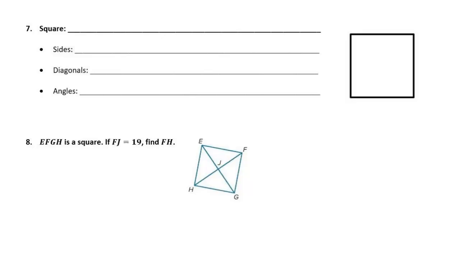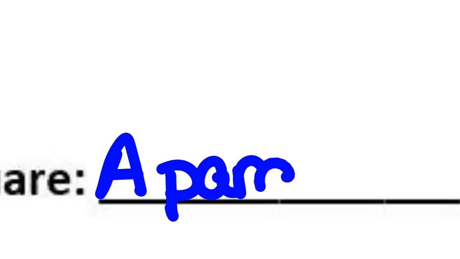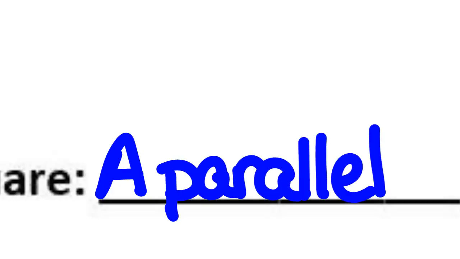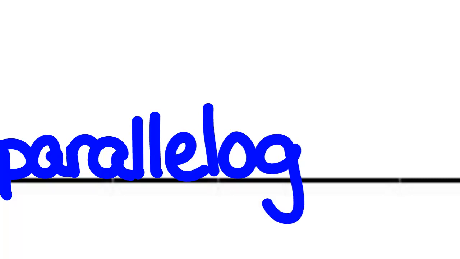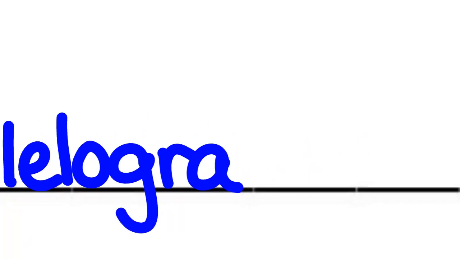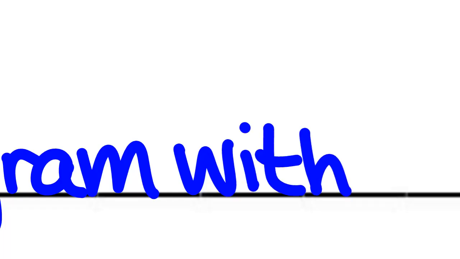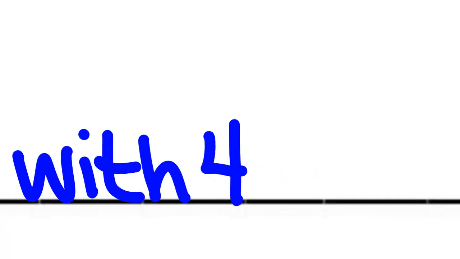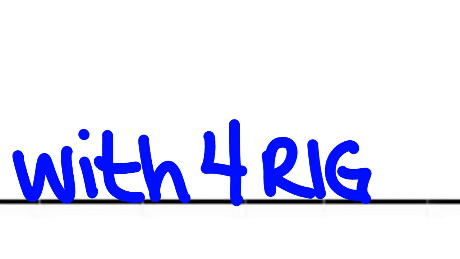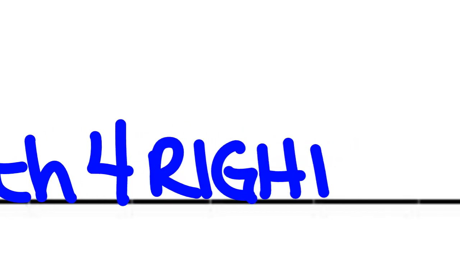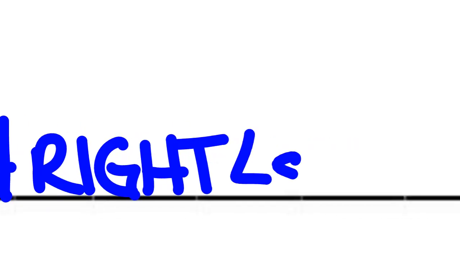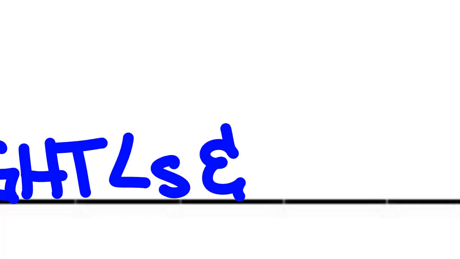A square is a parallelogram with 4 right angles and 4 congruent sides.